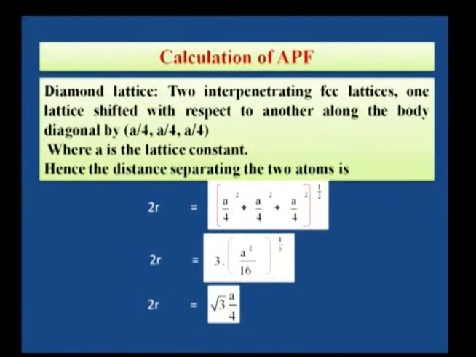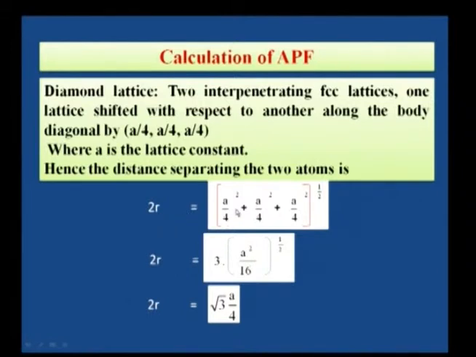So, we have to calculate the distance AB. From the geometry, it will be (a by 4 minus 0) whole square plus (a by 4 minus 0) whole square plus (a by 4 minus 0) whole square, to the power of half, and that will be equal to 2r.